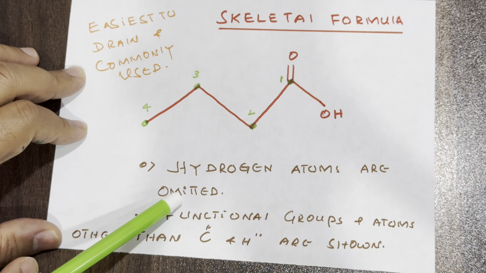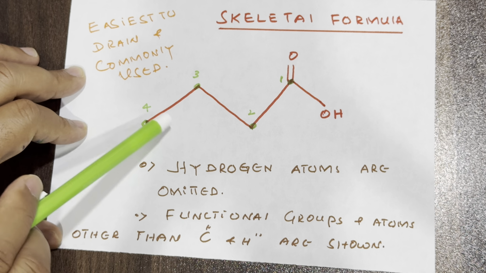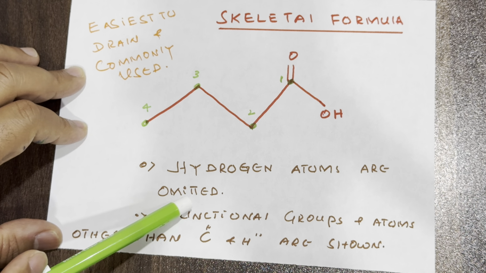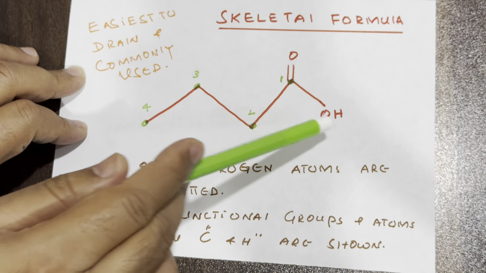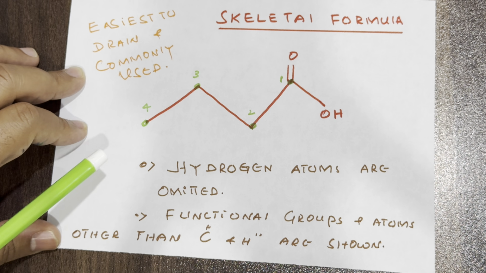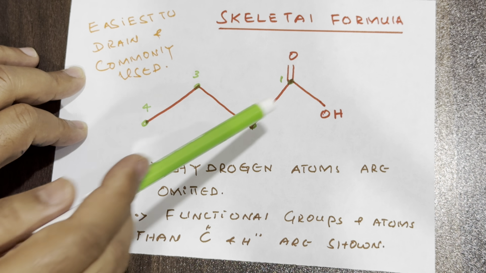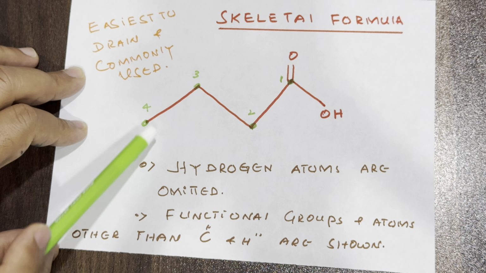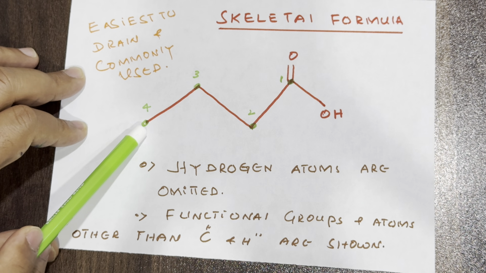The hydrogens which are attached to carbon are omitted from this formula, they are not shown, but the functional groups and atoms other than carbon and hydrogen are shown in this formula. Just like you can see this functional group, the carboxyl group of butanoic acid, it is shown. And this one is the first carbon, this will show second carbon, it will show third carbon, and this one is the place for the fourth carbon.